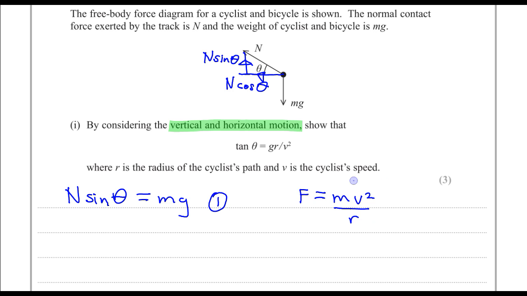This is the equation for circular motion. Given that the force is n cos theta, that's the only force we have in the horizontal direction, we can replace F by n cos theta and write down the right hand side mv squared over r, and this can be our second equation.